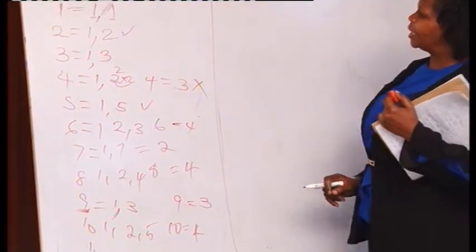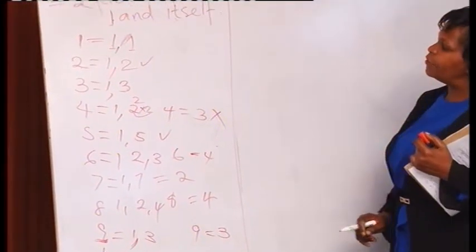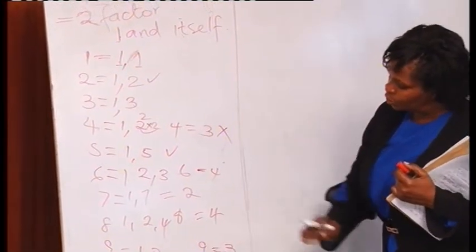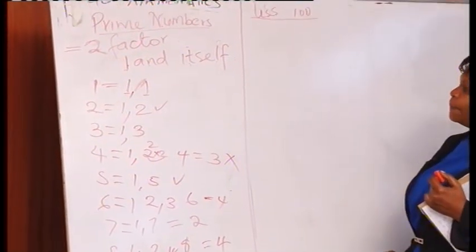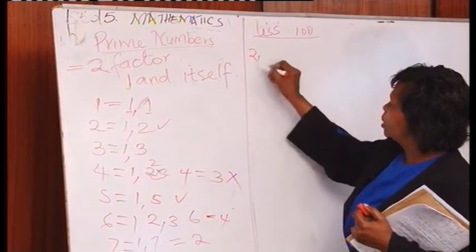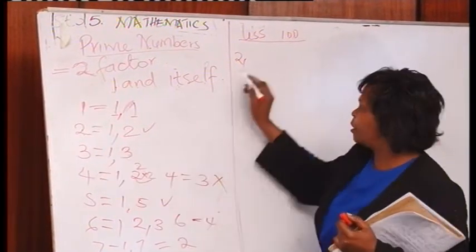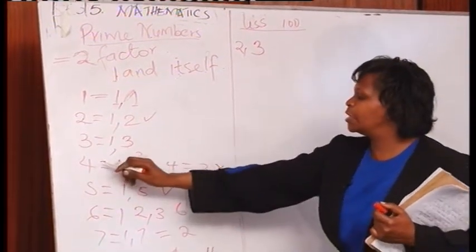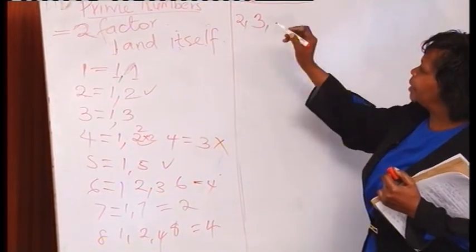So if I was to check and find out from 1 to 10 how many numbers are prime, I'll have 2, and then I'll have 3. I cannot take 4 because it has 3 factors.